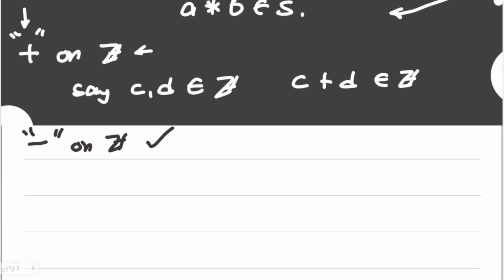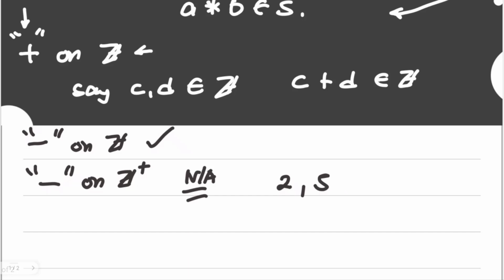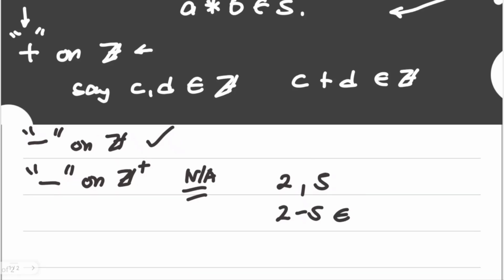However, if you use subtraction on Z plus, meaning the set of positive integers, this is not a binary operation, because if you have integers, let's say 2 and 5, then 2 minus 5 is no longer an element of Z plus, because you will have negative 3, not an element of Z plus. So a certain operation may be a binary operation on a certain set, but may not be a binary operation on another given set.